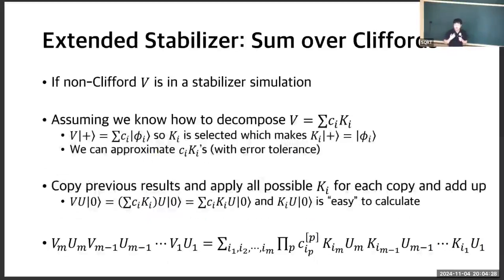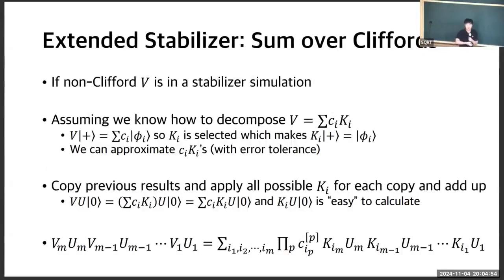So there are two different ways to implement this, to extend the Clifford gates. And the first one is just to add the gates to make one non-Clifford gate. So if I have Ki, which is a Clifford gate, then we can just make V equals sum of Ci Ki, which needs to be found.